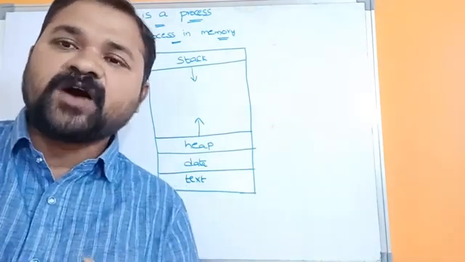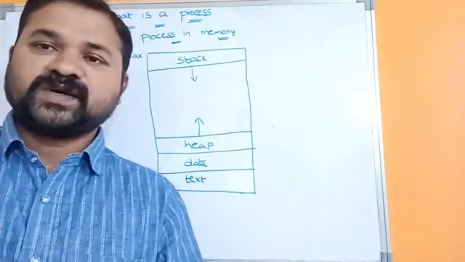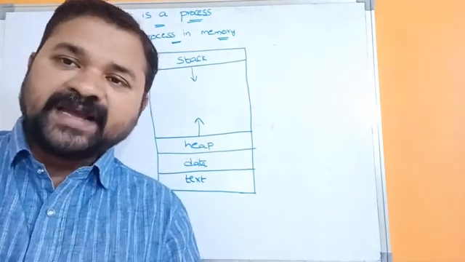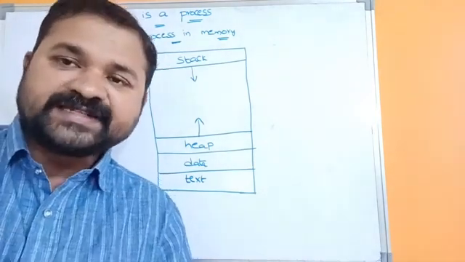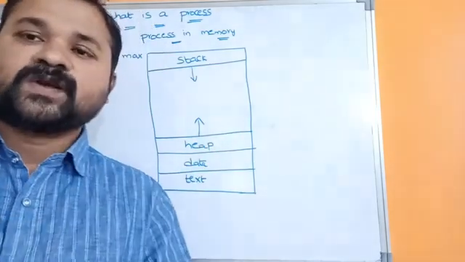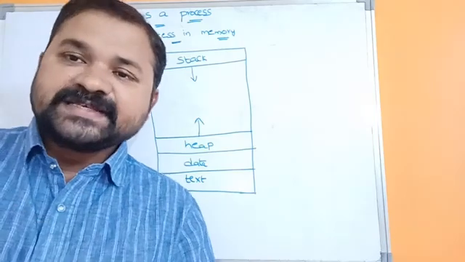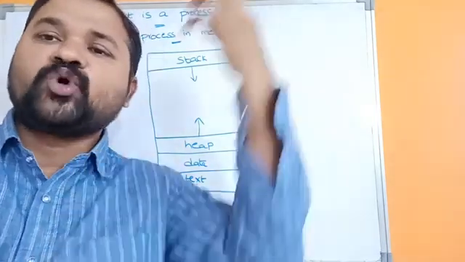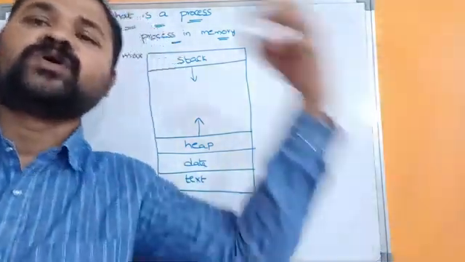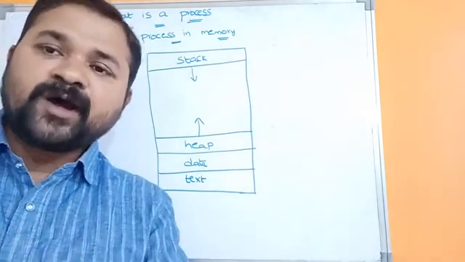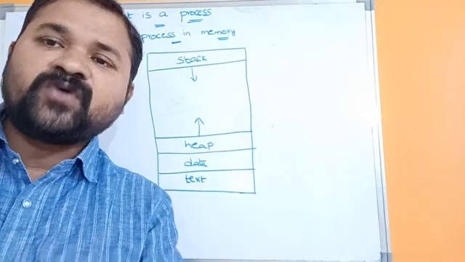Let us take the example of a C program. First we have to compile the C program. During compilation, the program will reside in hard disk. But at the time of execution, the operating system loads the program from hard disk to main memory. Why? Because any program is executed with the help of CPU.